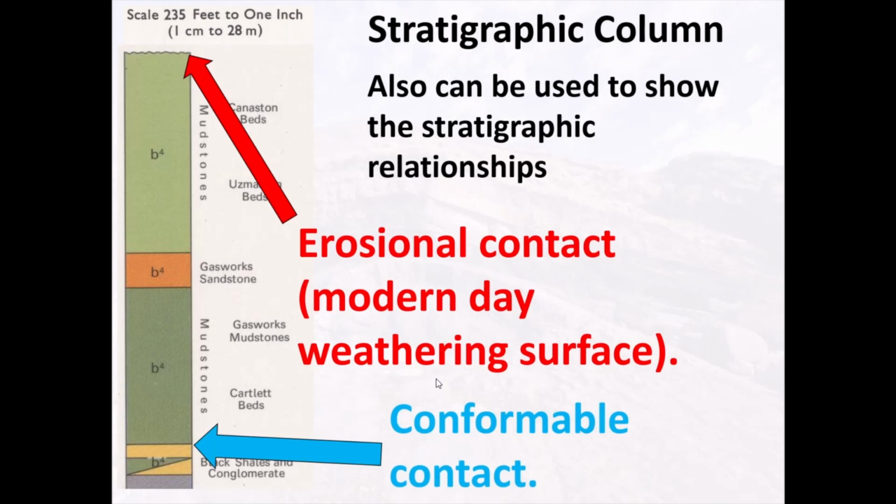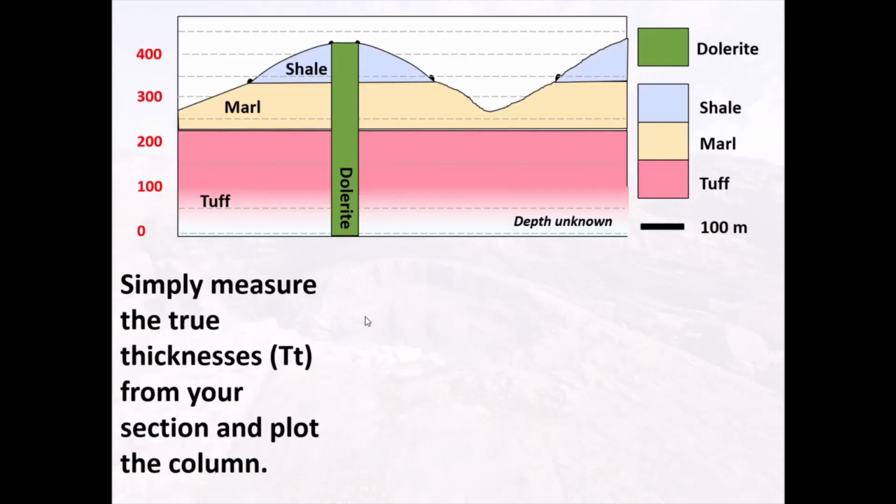And so what we can do for our cross-section is produce a schematic stratigraphic log just like this real one, but for our example map. So first thing is to get the thicknesses of our units, and to do that we can simply measure the true thicknesses of our units from our cross-section.